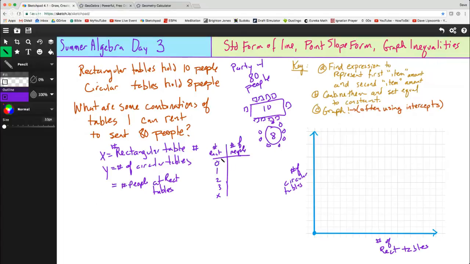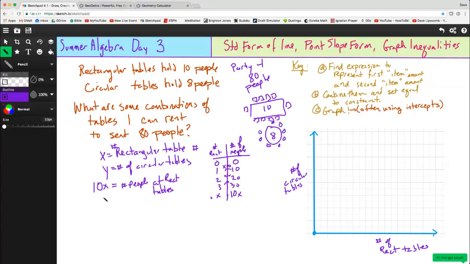If I have 0 rectangular tables, I can have 0 people. If I have 1, I can have 10. If I have 2, I have 20. 3, I can have 30. So the answer is times 10. So if I have X rectangular tables, I can have 10X people, because that's times 10. So 10X is the people at the rectangular tables.